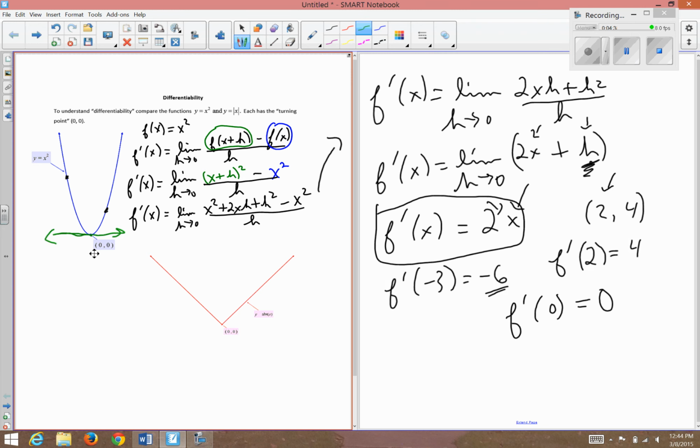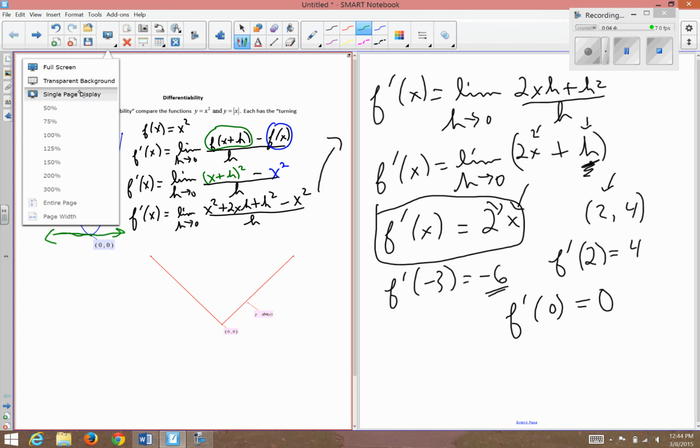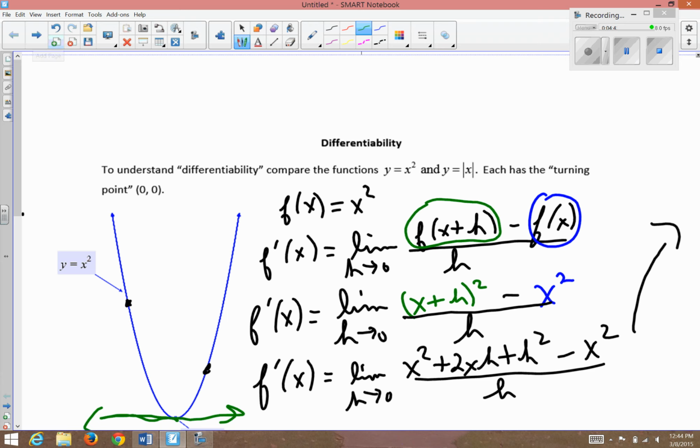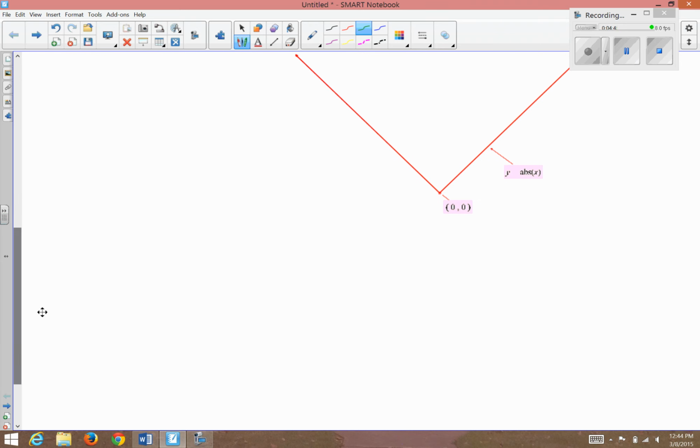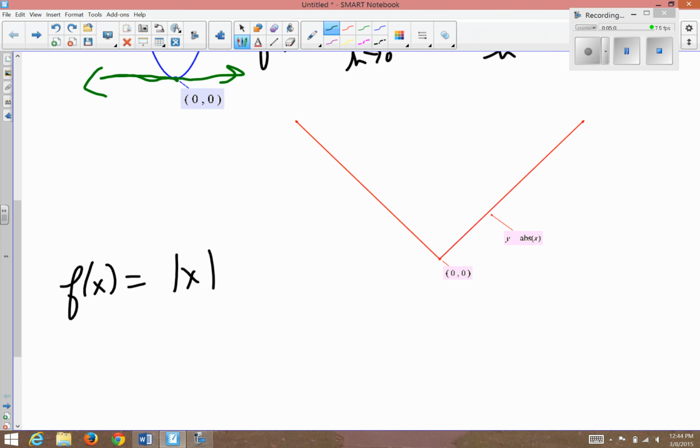On the red graph, here's what's different. If f of x equals the absolute value of x, this is two linear things that come together at 0, 0. So the derivative is in pieces.